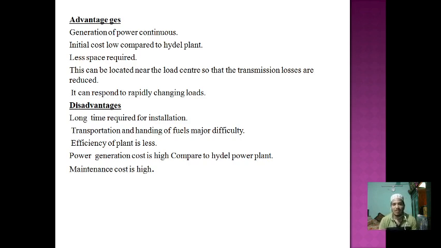These can be located near the load center so that transmission losses are reduced. We can locate these power plants as per our requirement, which is good for power transmission.